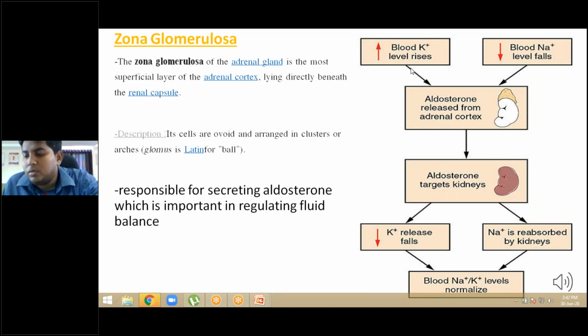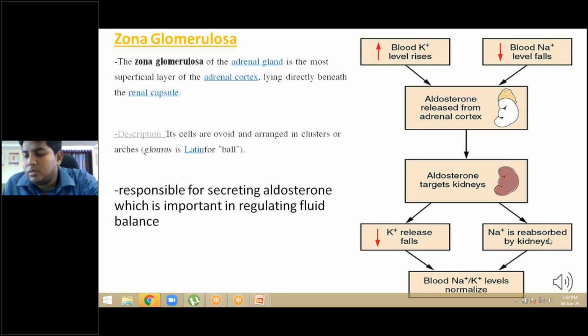Whenever the level of potassium in the blood rises, or the sodium level falls, aldosterone is released. Aldosterone targets the kidney, acting on the distal convoluted tubule. Its function is to promote sodium reabsorption and potassium excretion.